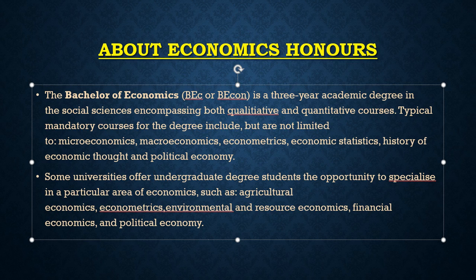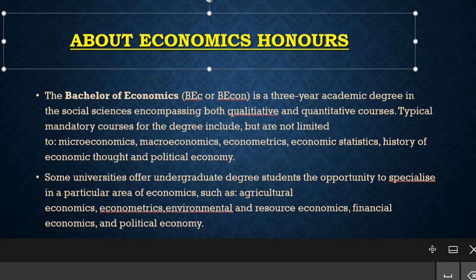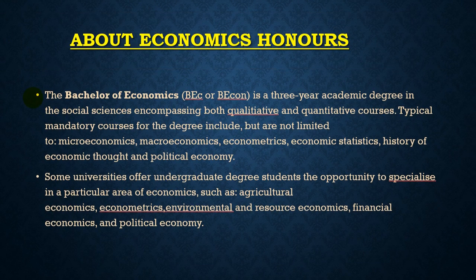So in many undergraduate levels in many colleges, students have the opportunity to specialize in a particular area of economics, such as, let's say, agricultural economics or econometrics, or resource economics, financial economics, which deals in markets and world trade and finance, and you can deal with political economy, and you can become someone like Raghuram Rajan.